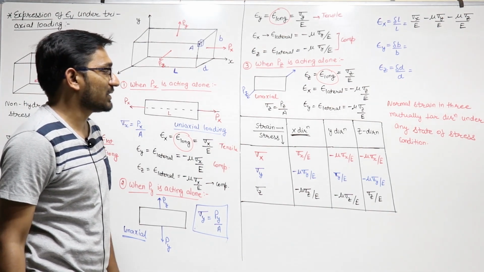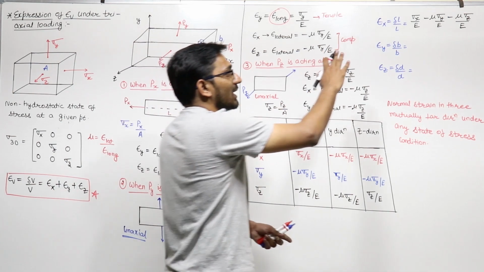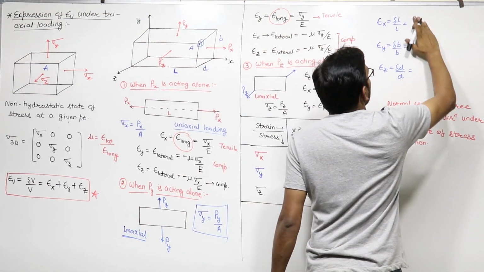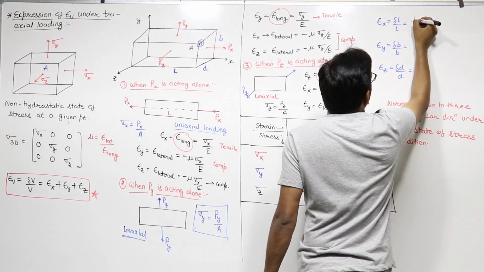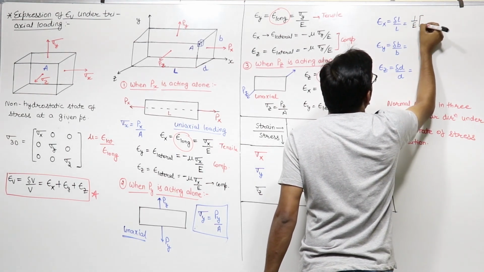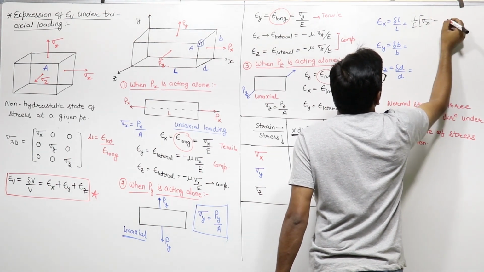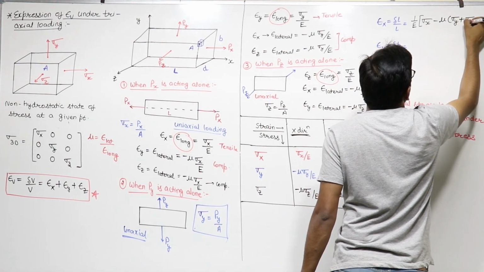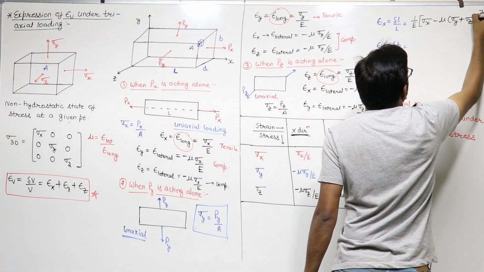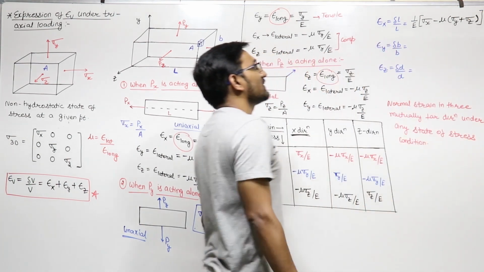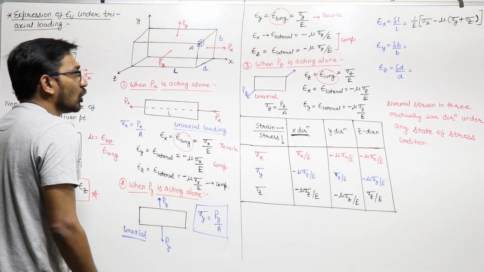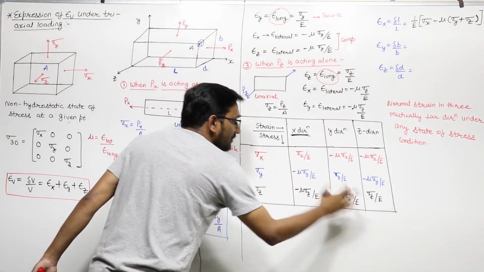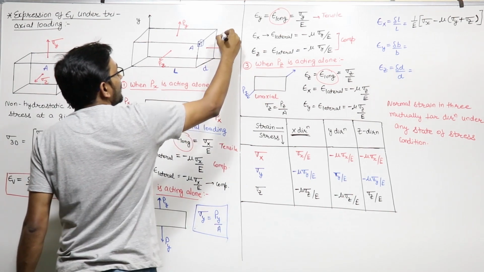This is the total strain in x direction, or I can solve this further here only. So I can write this equation as 1 upon E into sigma x minus mu times sigma y plus sigma z. The total strain in y direction is the summation of all these three, and the y direction dimension is b.